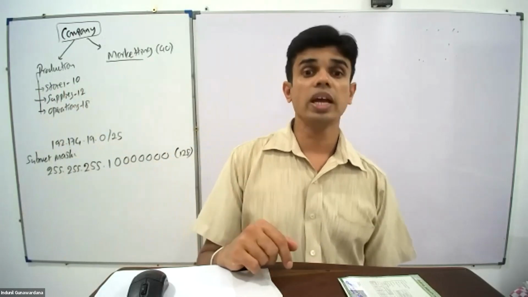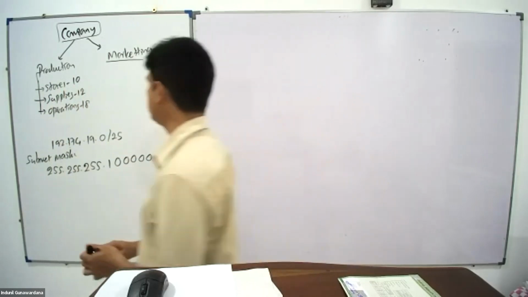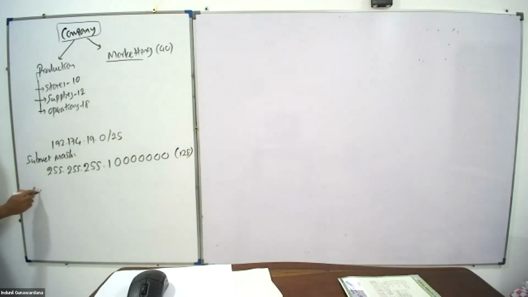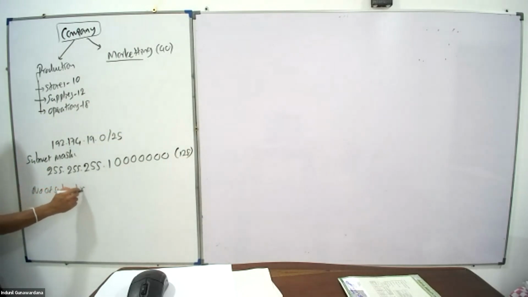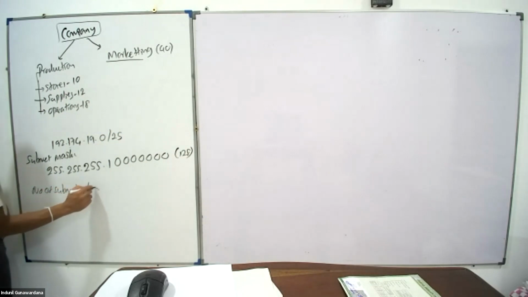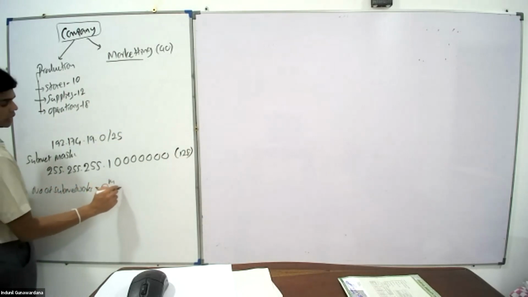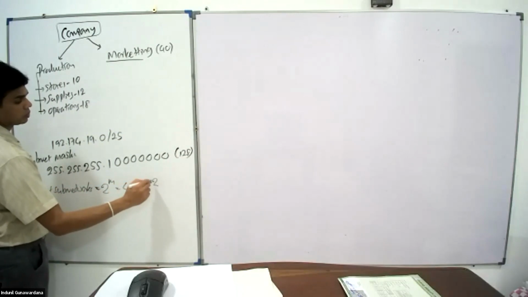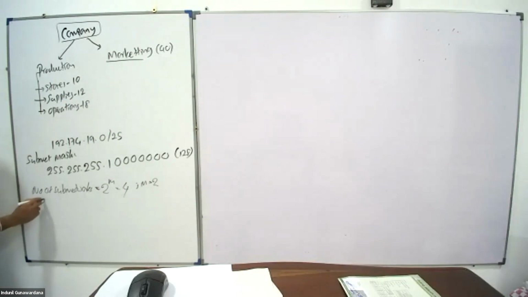If I want to have 4 subnetworks, then I am in trouble. Why? Number of subnetworks equals 2 to the power m, given as 4. Therefore, m is going to be 2. Then what is the new subnet mask?